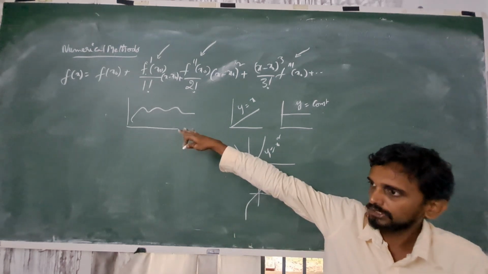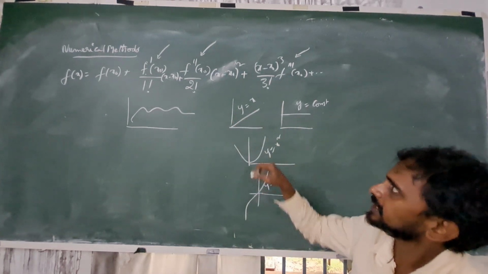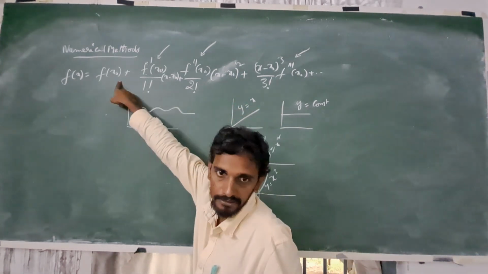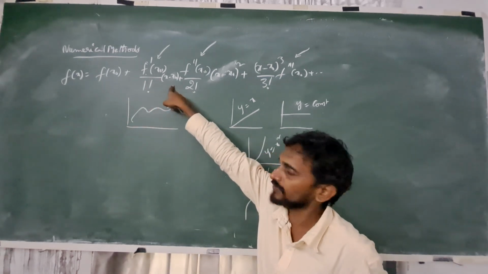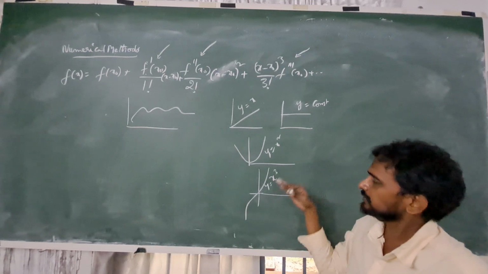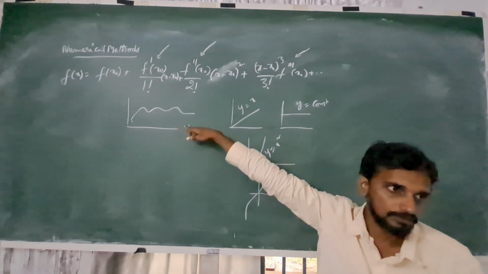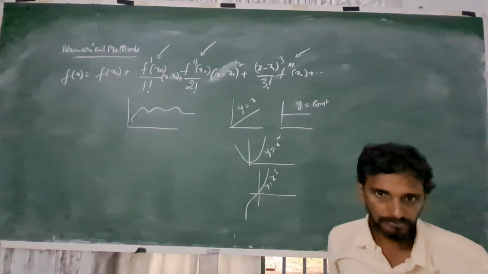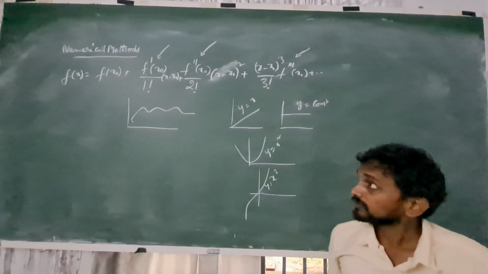So in your function, what are the combinations that exist? Either a constant or a function of x or a function of x square or x cube. Once you get a combination of these, you may be able to regenerate that graph. Right? With what information?